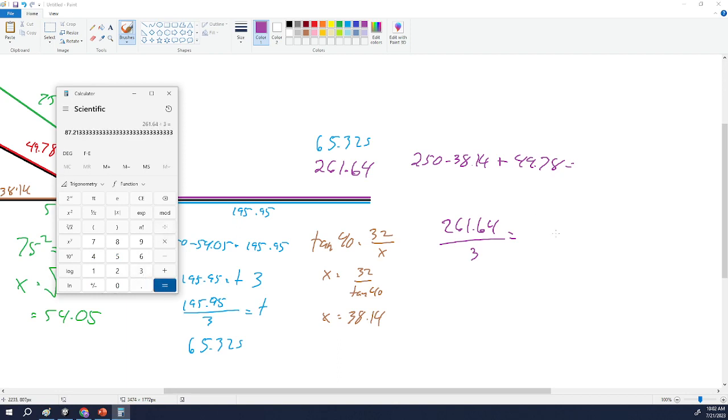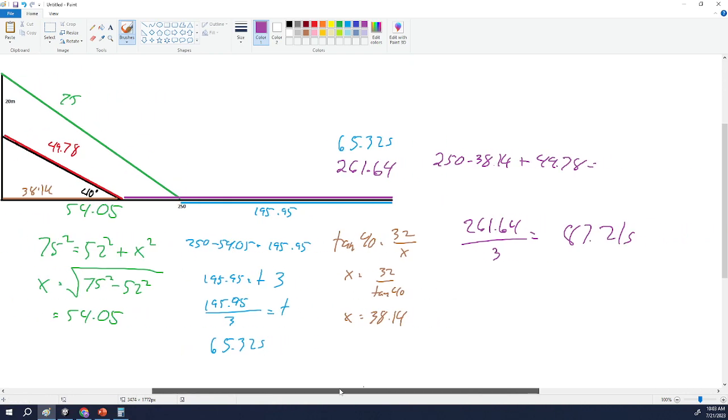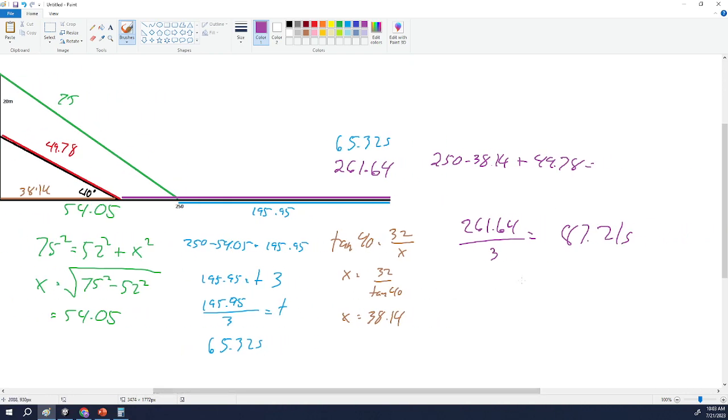It would actually take him 87.21 seconds. Right. Minus the acquisition time, 87.21 minus 65.32.